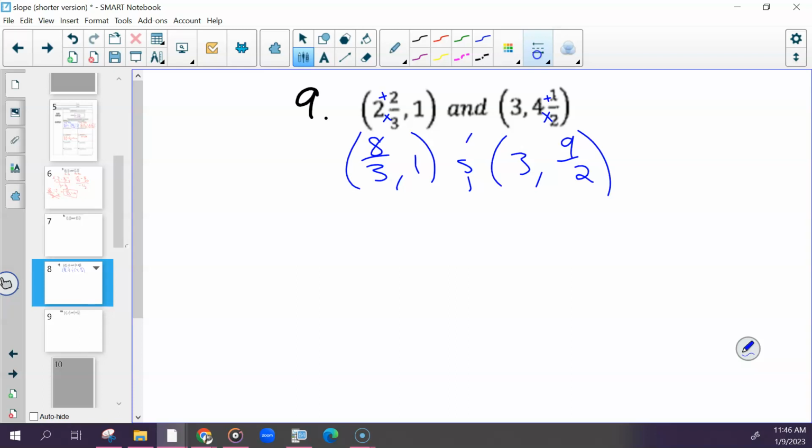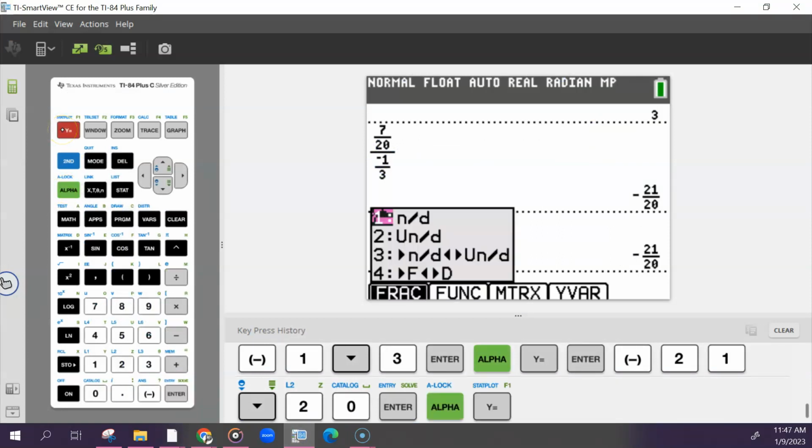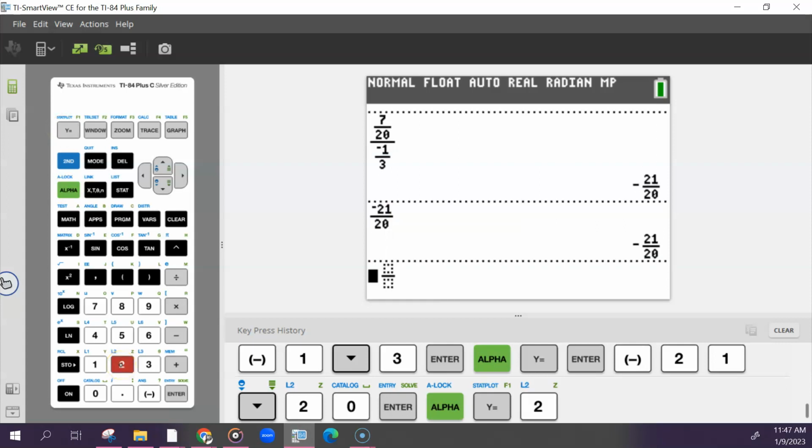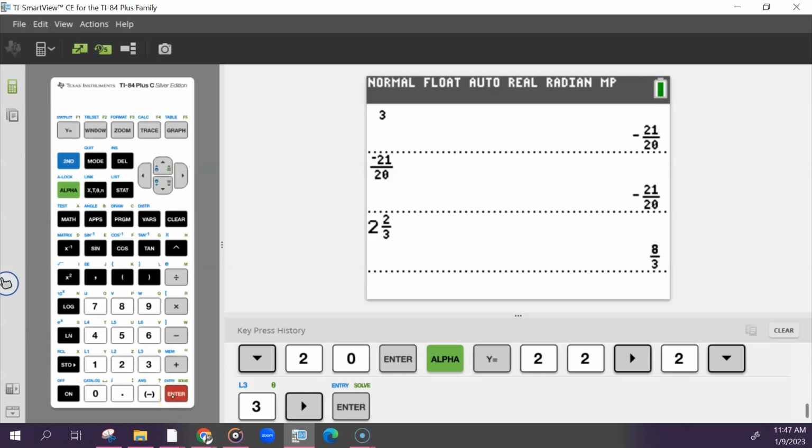In your calculator, I'm just going to do one of them so you see what it looks like. Go into alpha y equals, choose the second one. And then press enter. And it'll change it to an improper fraction.